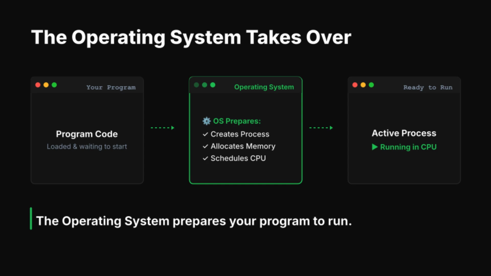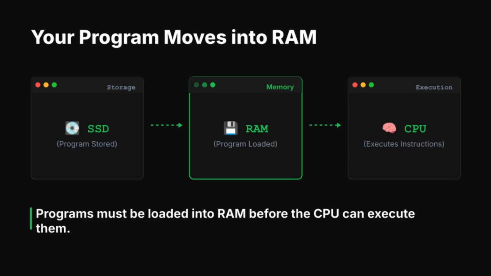Now take a look at the journey here. On the left side, your program is still sitting on the SSD. That's where it's stored when you are not using it. But here's the important part. The CPU doesn't go to the SSD every time it needs an instruction, because that would be very slow, since it's placed very far away.